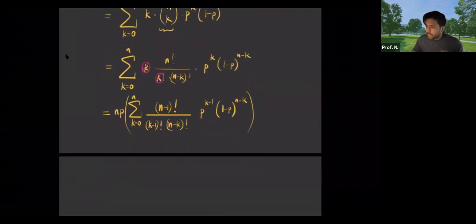Now, the question becomes, what is this? What in the world is this here? So if you notice, I got a 1 minus p. So, okay, what happens here, this is k equal to 0.